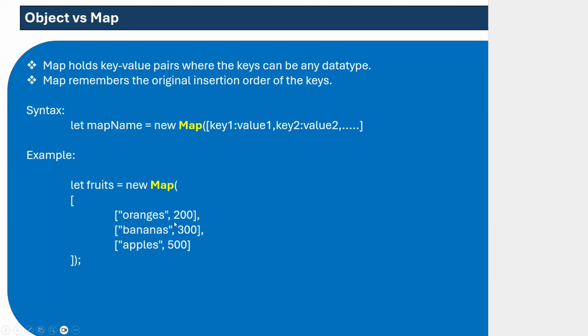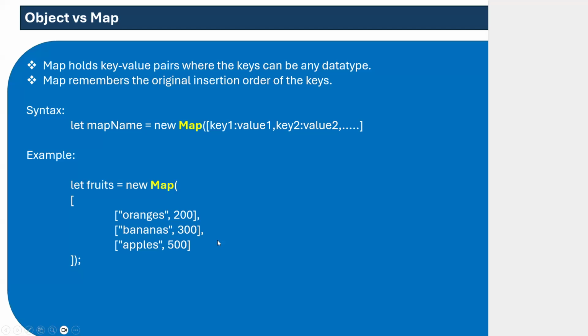Don't think it's an array, okay? It's a different representation in map. Orange is a key, 200 is a value. Banana is a key, 300 is a value. Apple is a key, 500 is a value. If you run the code in map, you'll get the same order: orange, banana, apple. But if you create it in object, you'll get first apple, then banana, then orange.